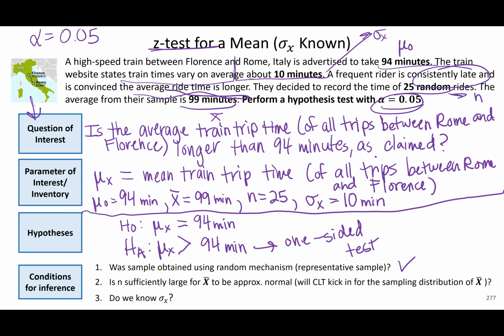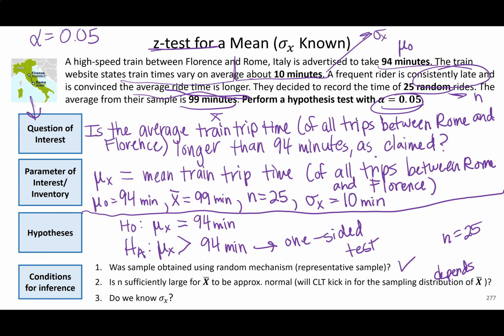Is n sufficiently large? Depends. Our sample size is 25. So what we would want to do, and I don't believe we have it for this particular slide, is look at a histogram and/or a box plot of the data and see if it's, as long as it's not very skewed, 25 will probably be big enough.